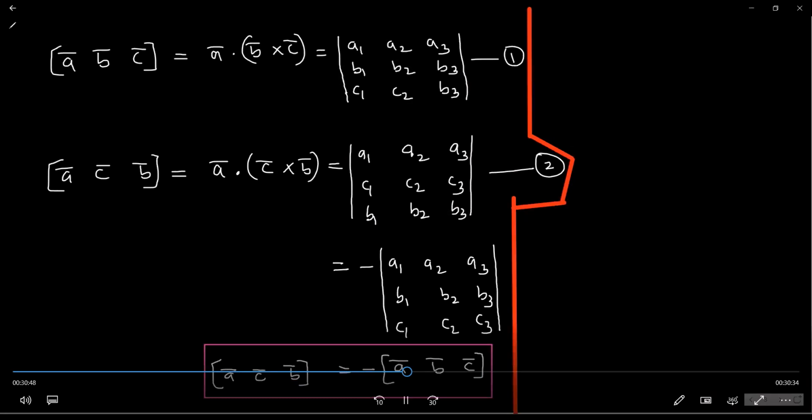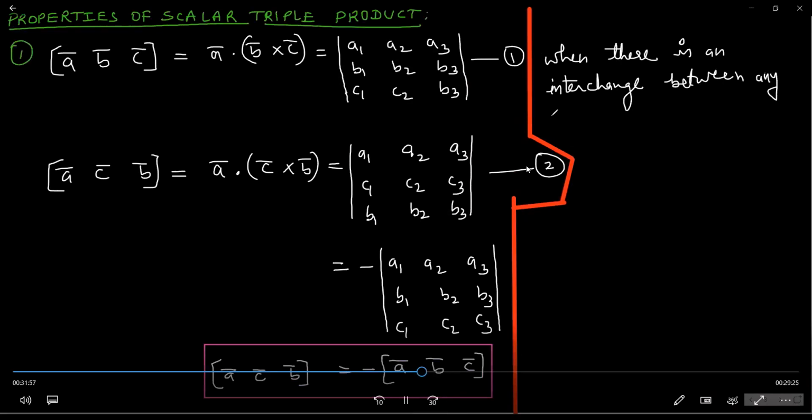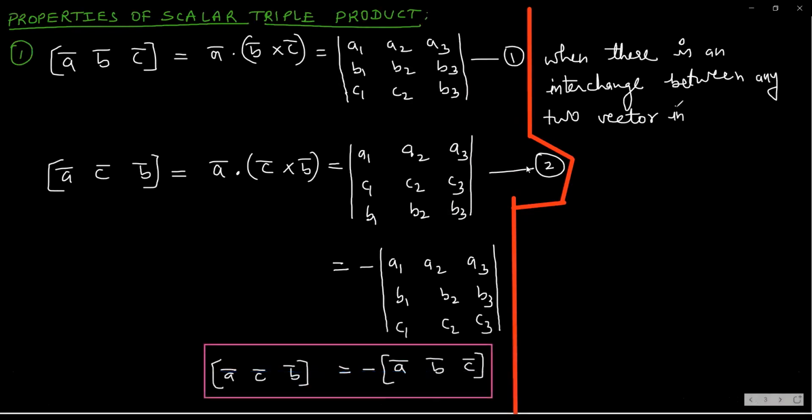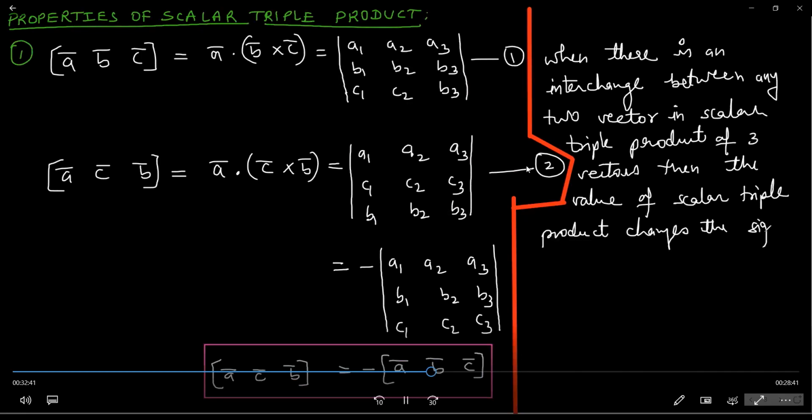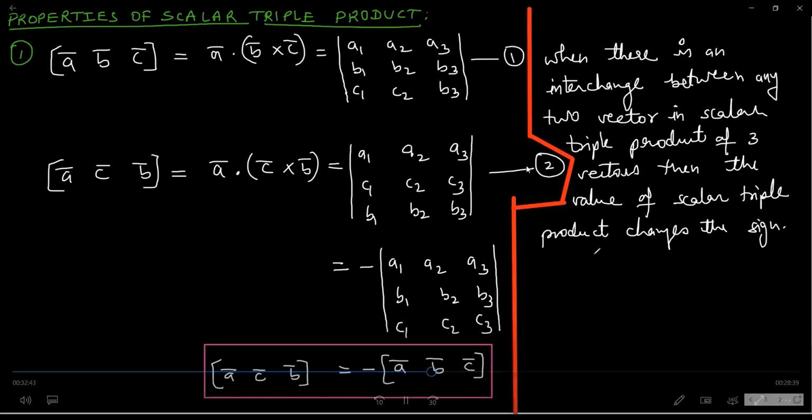So I can write here property number 1: any two vectors in a scalar triple product, interchange changes the sign.